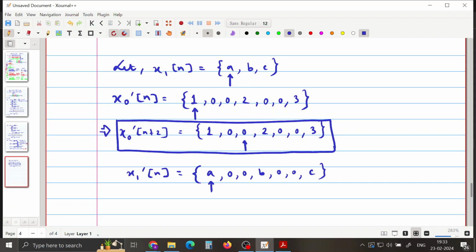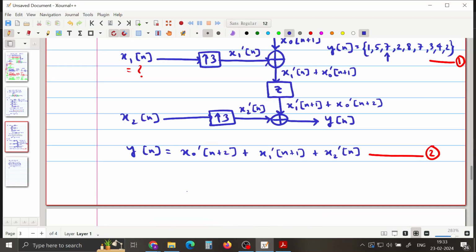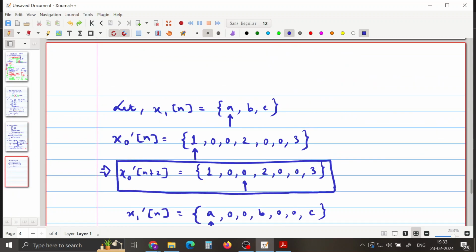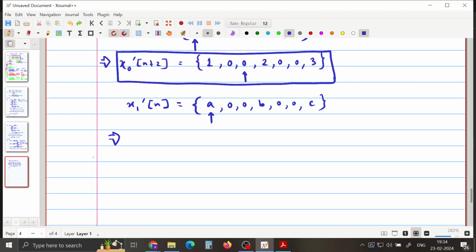But we need to shift it again by 1 unit to the left, because you see here this term, this is x1 prime of n plus 1. So we need this. So for that we need to left shift this by 1 unit.